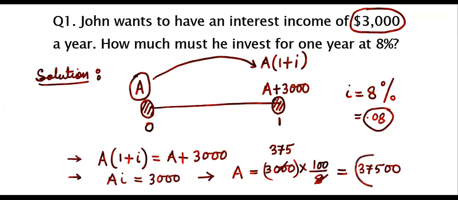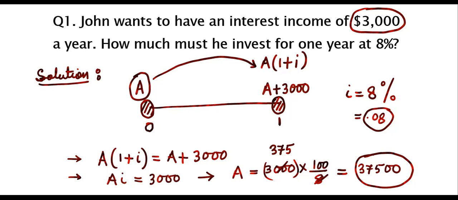So this is the amount you invested and you got 8% simple interest. And after 1 year, you got this much interest income. If you want, you can check whether your interest income is this or not.